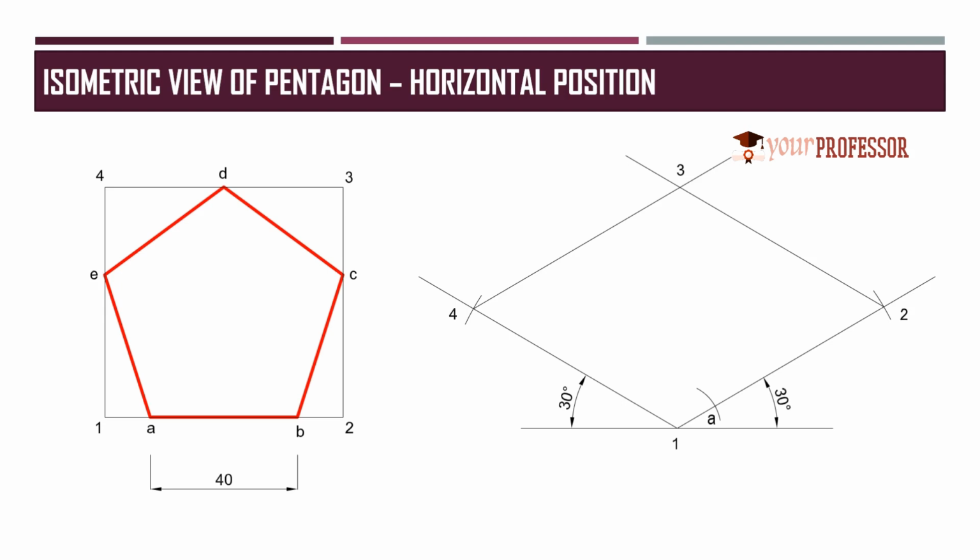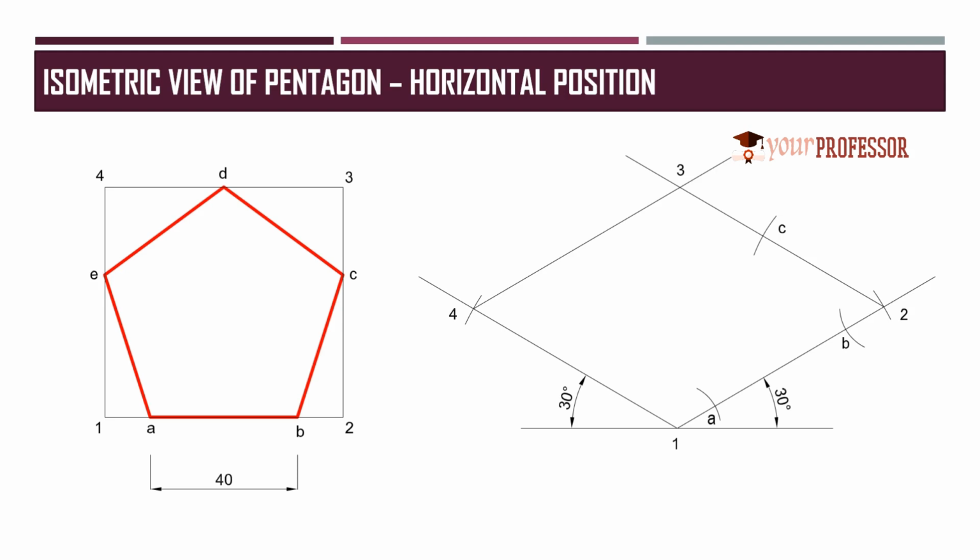On the right hand side, consider 2 as center, drop an arc. That will be point B. I'm transferring the distances from this figure to this figure. Consider the distance between 2 and C with the compass in the left hand side figure, and in the right hand side figure, with 2 as center, drop that arc. That will be point C.